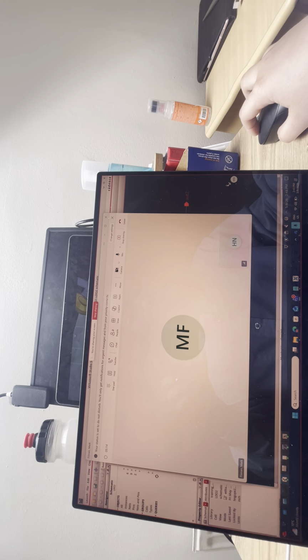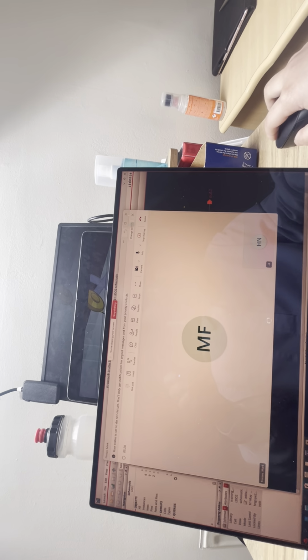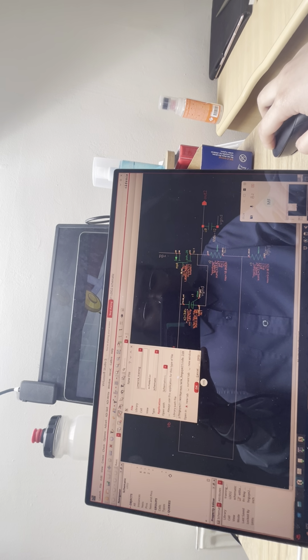Open up a blank schematic, blank schematic subview. All right, I'll share it. Yep. If you restart Cadence, that probably will fix that.